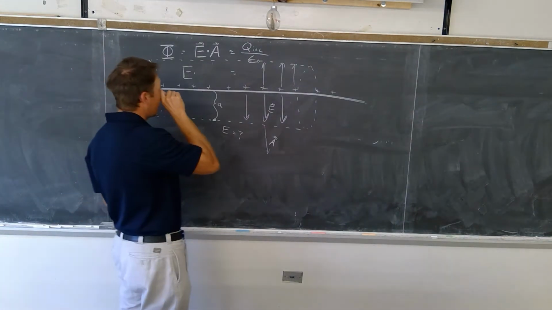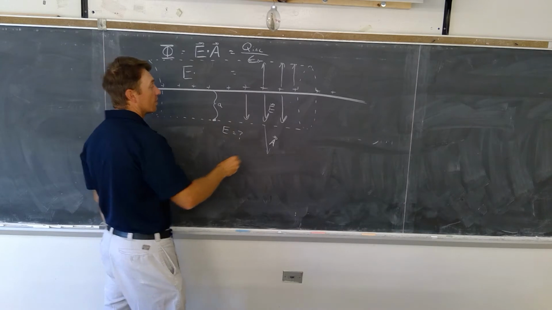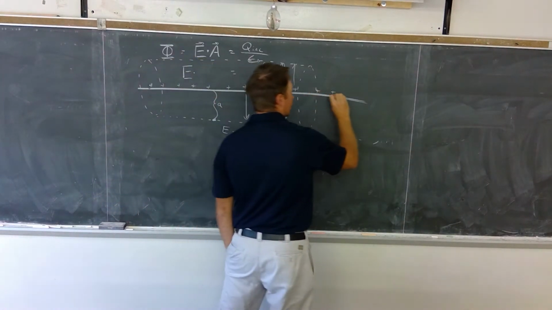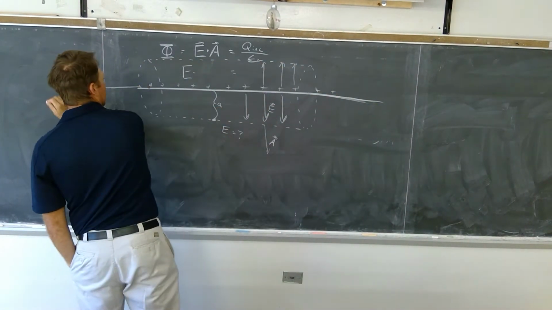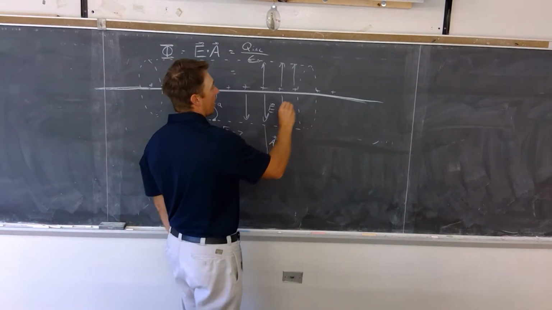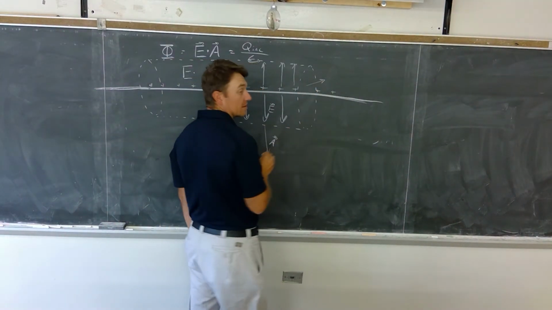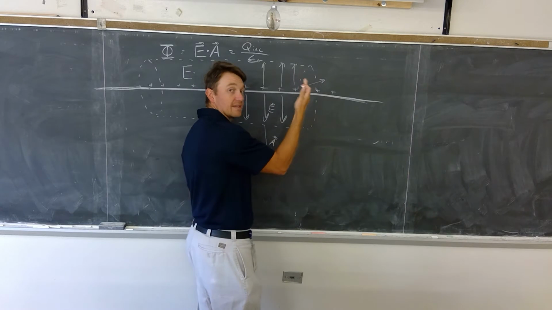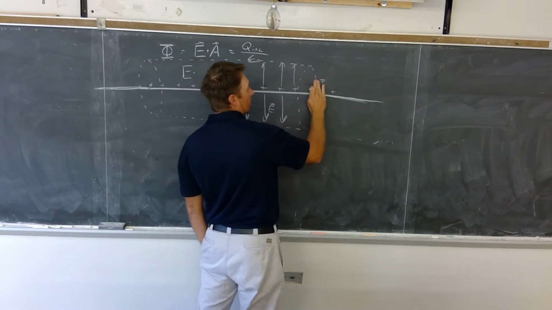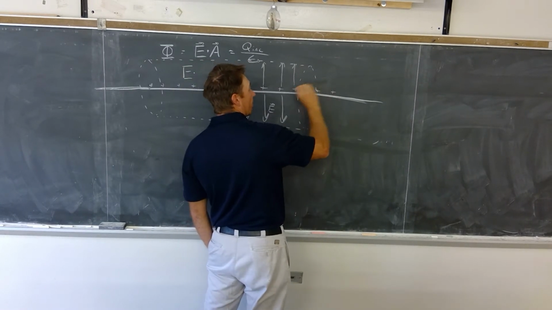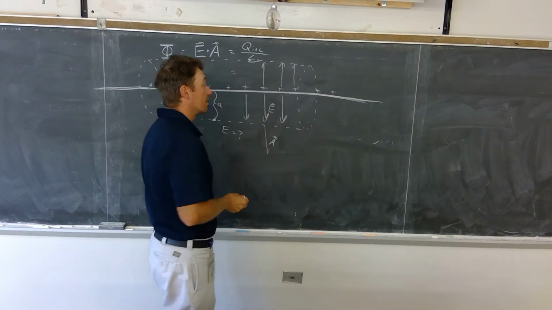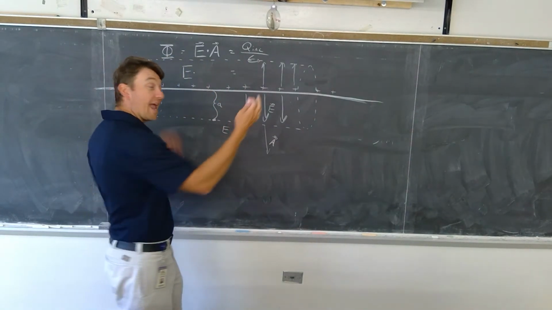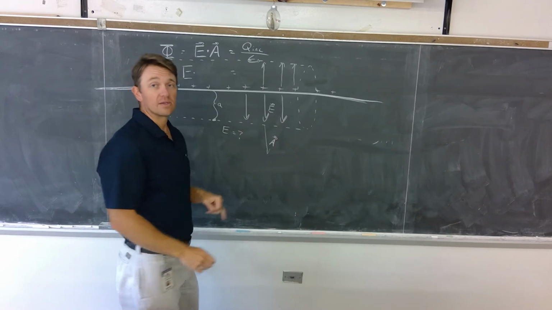Now I need to multiply by the area that has flux going through it. If you notice here, if I have this infinite line of charge, the line never stops, which means that I'm never going to have a field going through the ends of my cylinder. Since there's never going to be a field going through the ends of the cylinder, I should not include the end caps of the cylinder in my surface area.